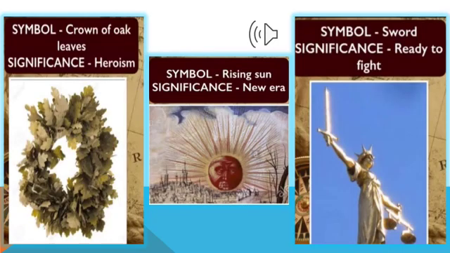Well, children, here are some more examples of allegories. You can see the symbol of a crown of oak leaves, which signifies heroism. Then you can see the symbol of the rising sun, which symbolizes a new era. Then you can see the sword. The sword signifies that we are ready to fight.